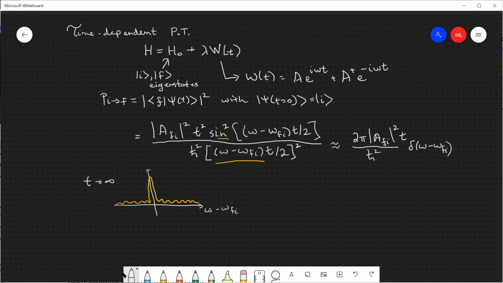So that's the idea there. The factor of t got canceled because we factored out a factor of t from the delta function. So that's where we left off. Any questions about that?